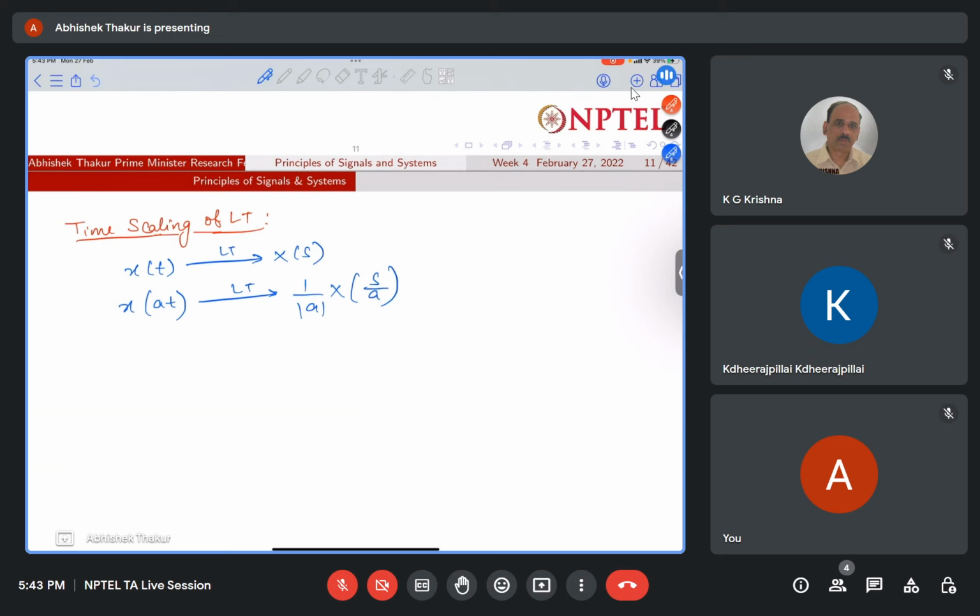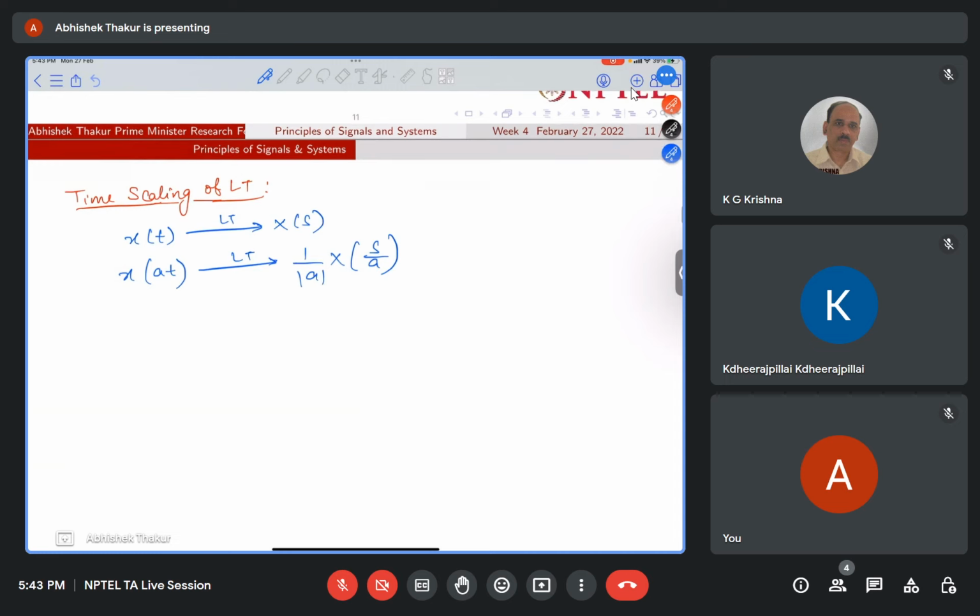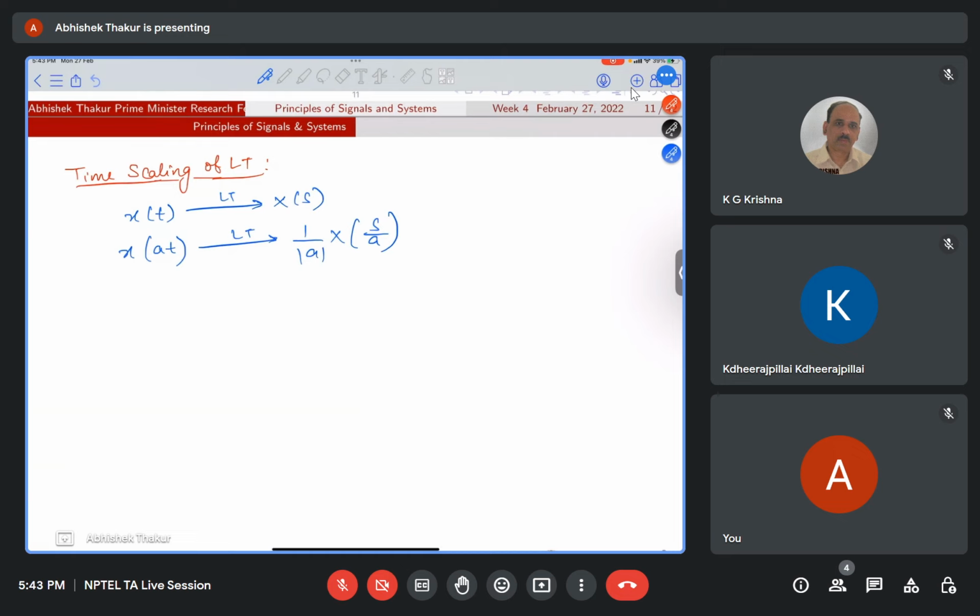So now we'll solve one question like that, that includes everything: time shifting, time scaling, and time reversal. And also for time reversal, write this: if the Laplace transform of x(t) is X(s), then the Laplace transform of x(minus t) will be X(minus s).